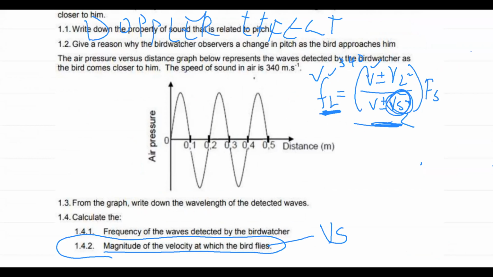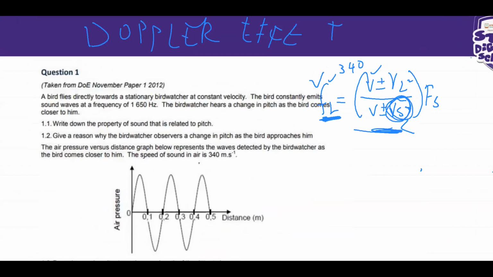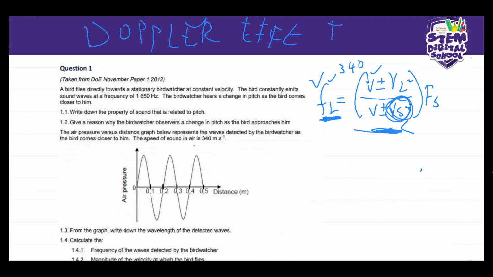we have everything else. We've got the velocity, the VL, the Vs, and the FL that we've just calculated just now. Okay. So moving on.